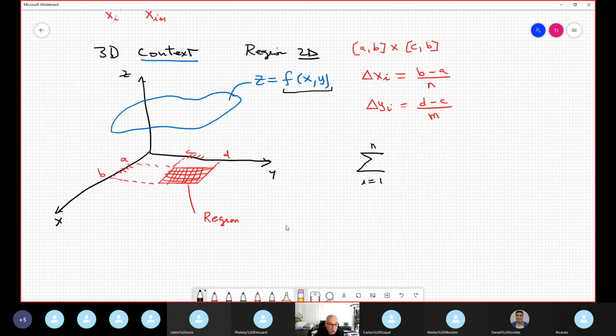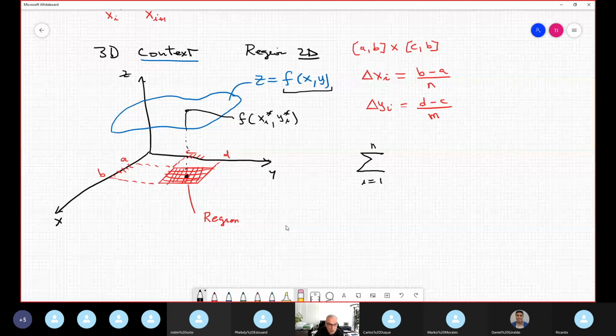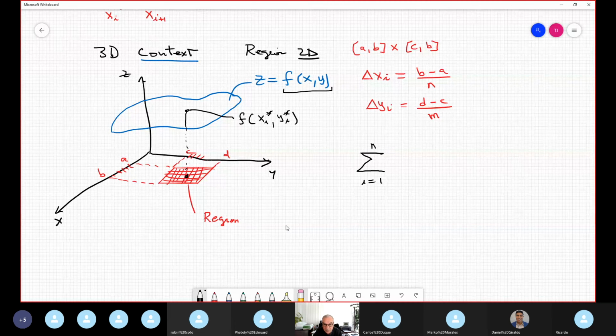Suppose I focus on one rectangle here. And so I have one point here. This point is the function evaluated at xi star, yi star. It's the height. So it is f of xi star, yi star, multiplied by delta xi.